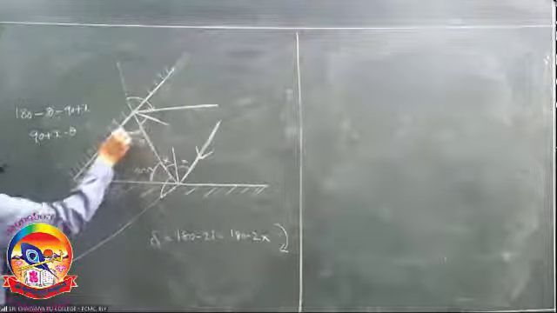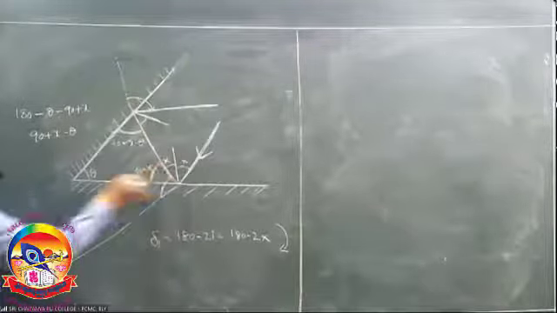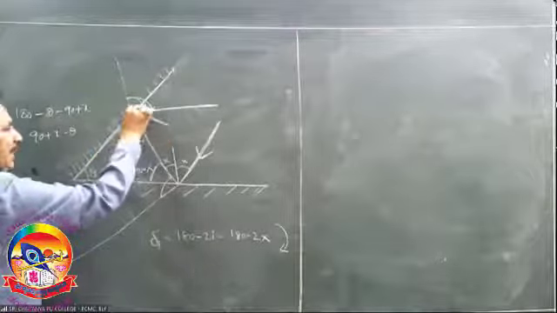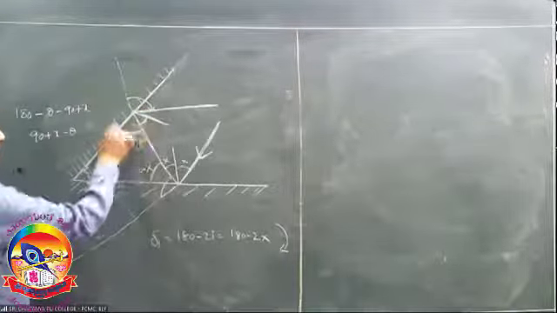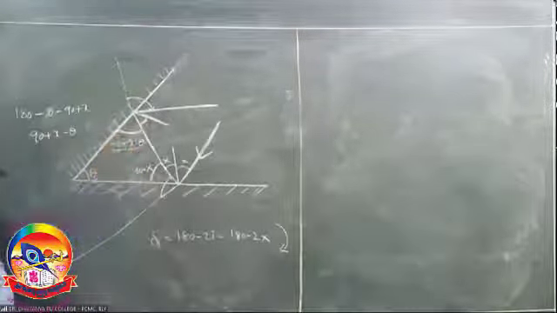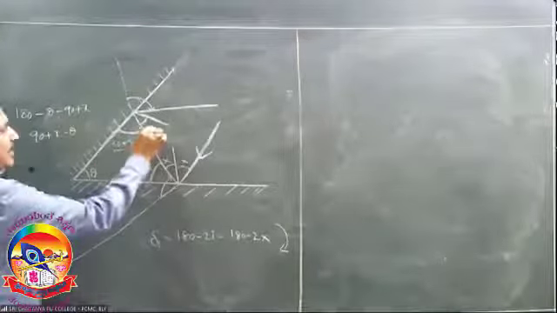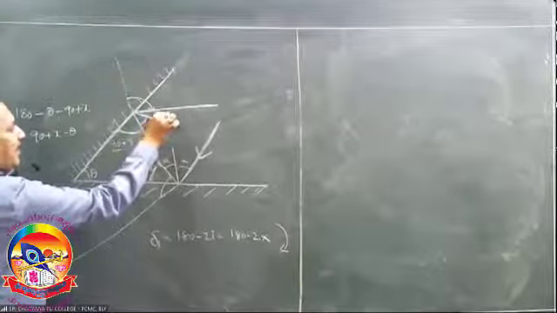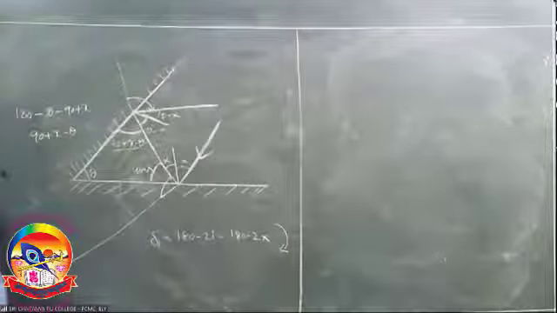Because the total angle is 180, if this is 90 plus this one, what must be this angle? 90 minus theta. So this will become theta minus x.